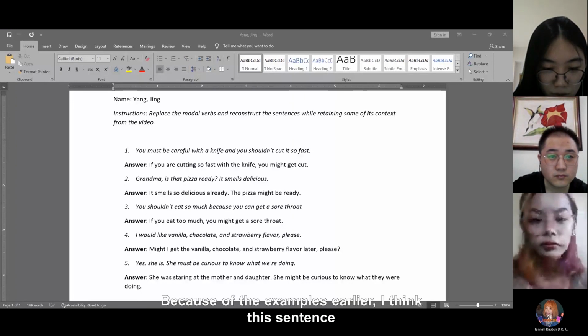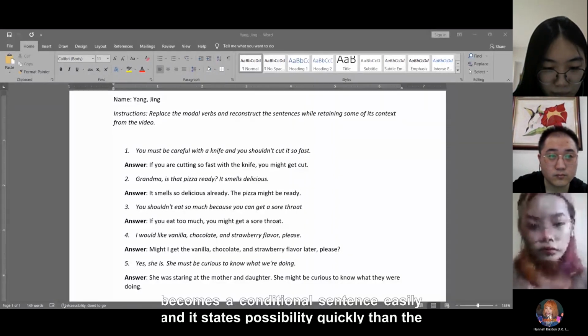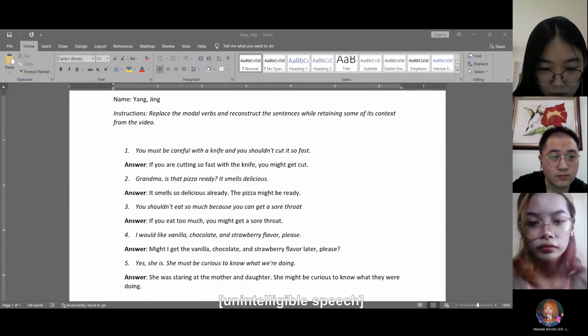Because of the example earlier, I think this sentence is easier. It becomes a conditional sentence early, and it states possibility.